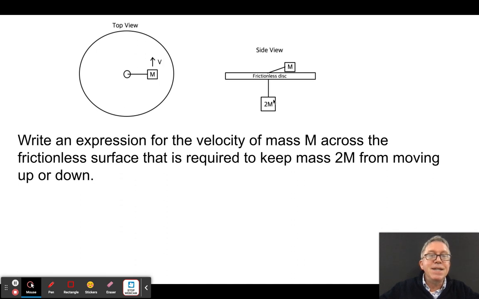Okay, and the idea is I want to write an expression for the speed this object has to have such that it has enough centripetal force to hold this up. So the centripetal force caused by this force on this one will keep it going in a circular path.